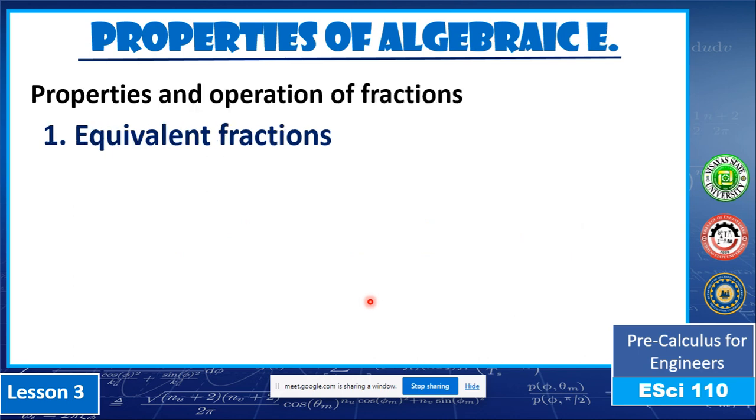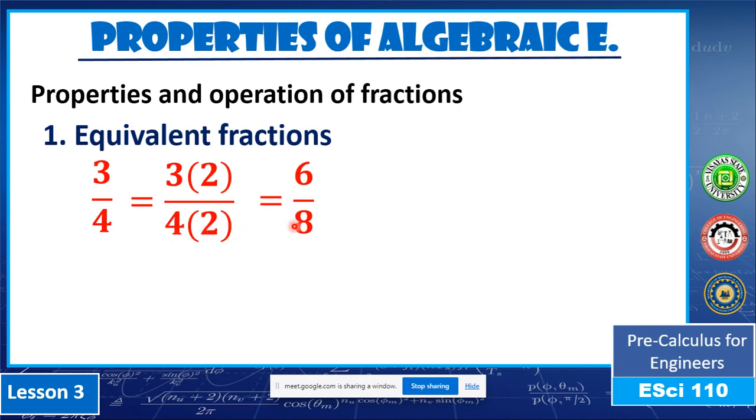Then next, we have properties and operations of fractions. So first, we have equivalent fractions. For equivalent fractions, for example 3/4, if we're going to find an equivalent fraction, meaning they are just equal, only the form changes. Yung mukha lang yung nagbabago, pero yung kaloob-looban hindi nagbabago. So for this example, 3/4, let's say I multiplied the numerator and the denominator by 2. So 3 times 2 equals 6.